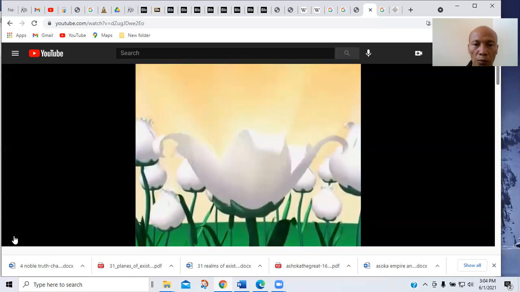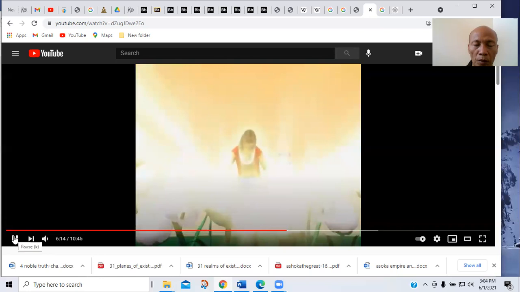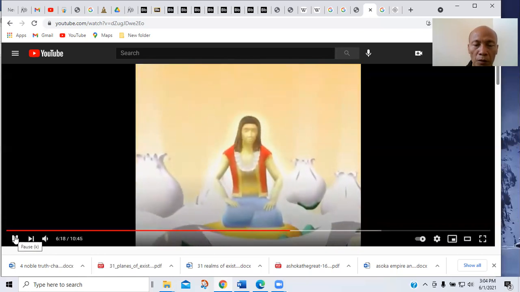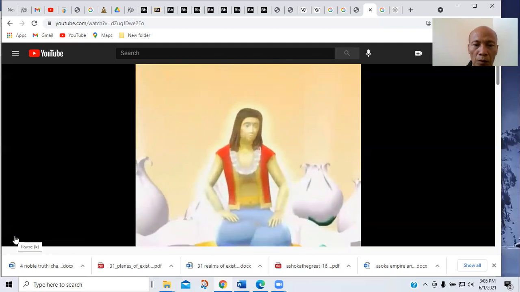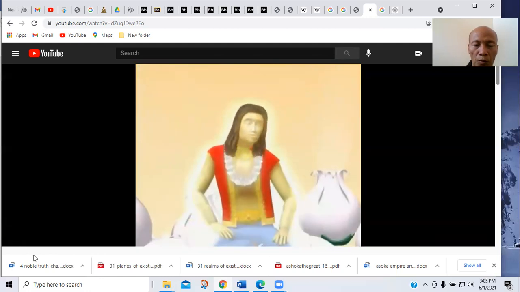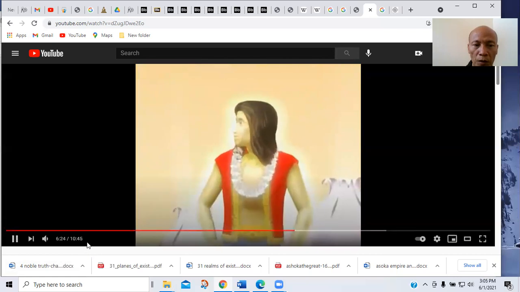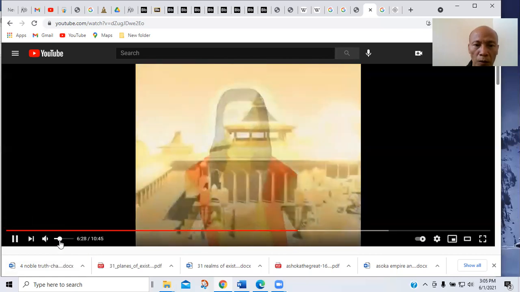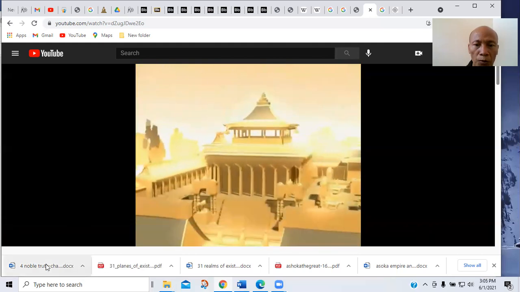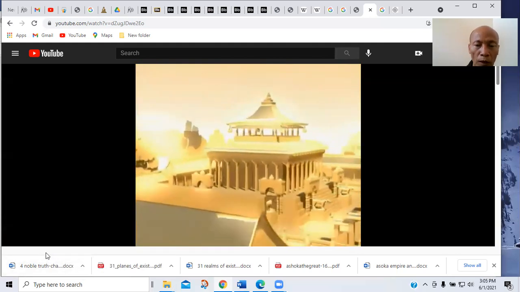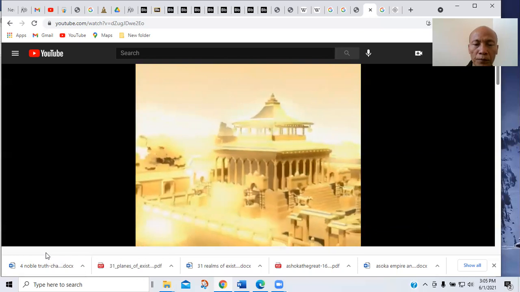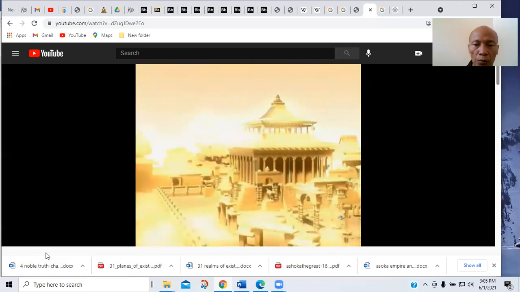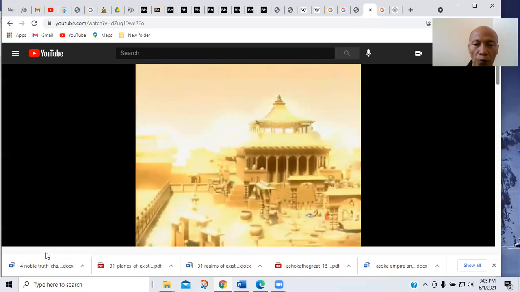And so the next one is the god realm, the celestial realms. So this young man was born in the celestial realms, and he enjoyed all kinds of entertainments, food, clothes, jewelries, and so forth.